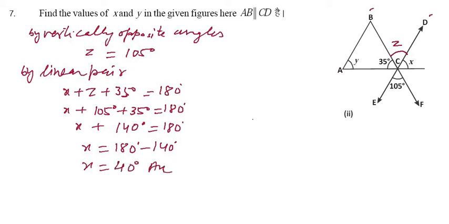Now here is the y. So first answer by corresponding angle. As you know, AB is parallel to CD, and AC is a transversal line.